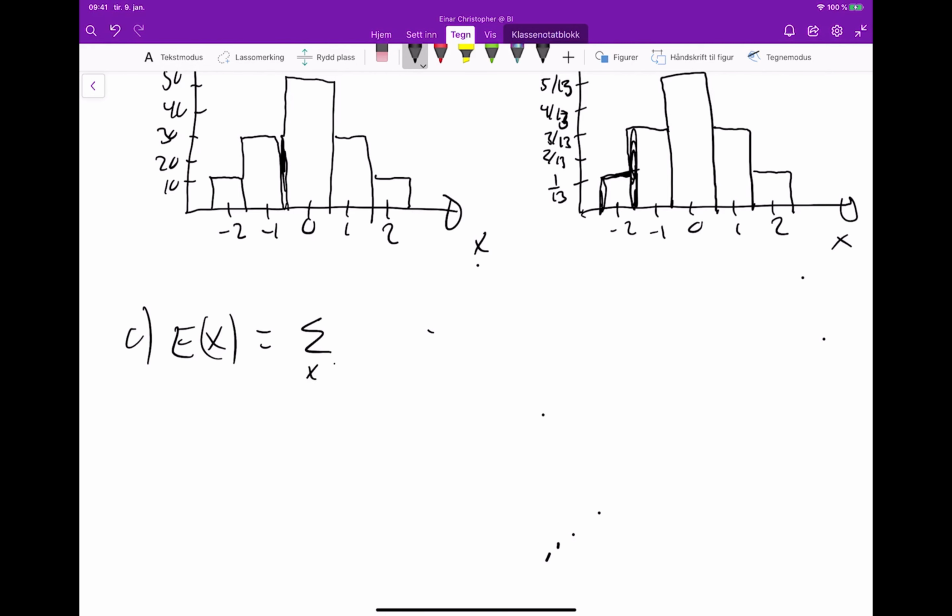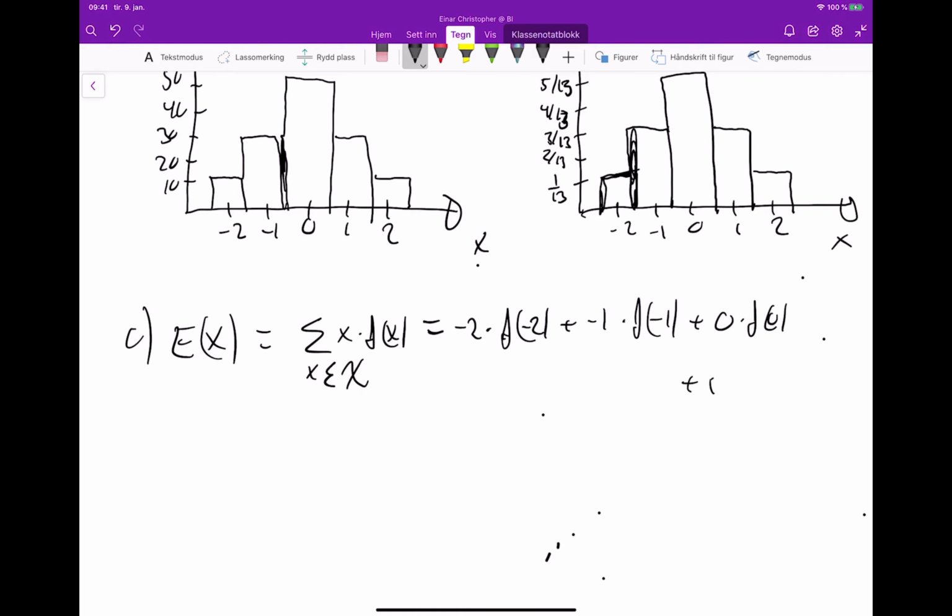So x element in X times f(x), that's the expectation, and the sum is then minus 2 times the probability of minus 2, plus minus 1 times f(minus 1), plus 0 times f(0), plus 1 times f(1) plus 2 times f(2).